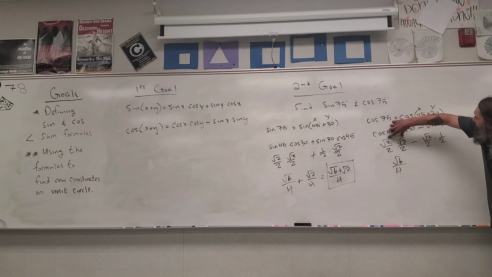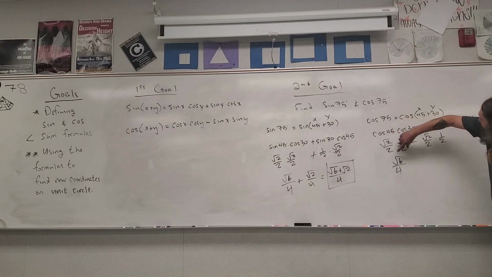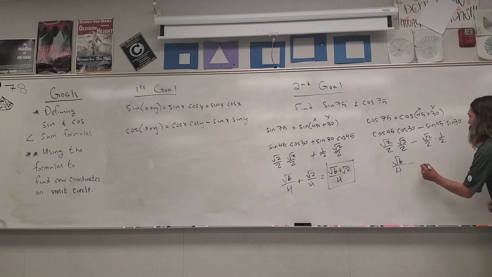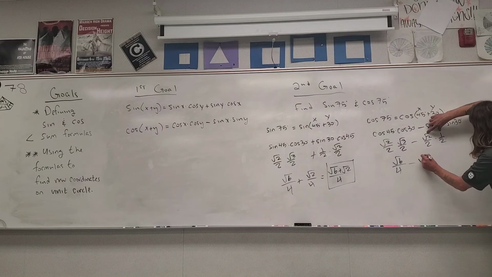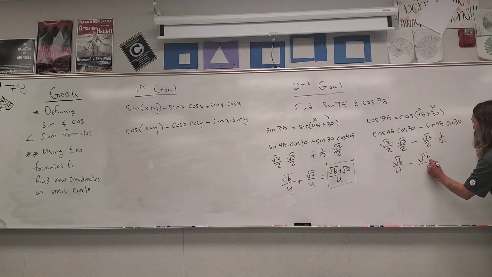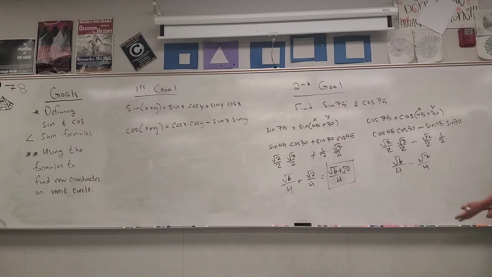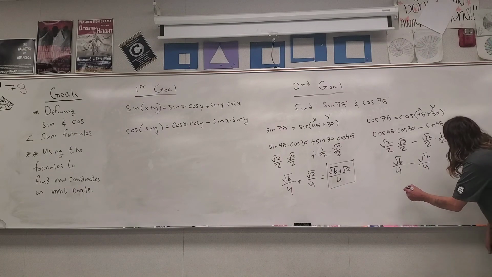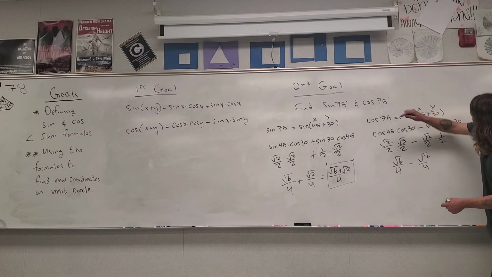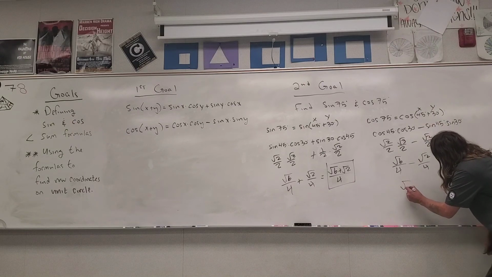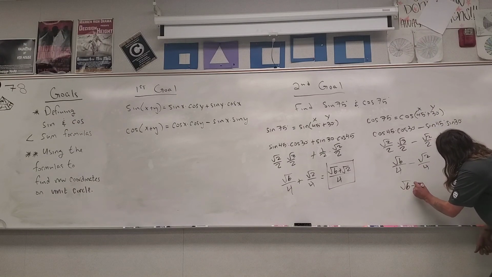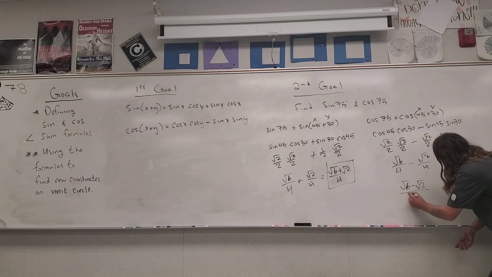Again, I multiply these together, and I multiply these together, minus square root of 2 times 1 is square root of 2, and 2 times 2 is 4. I have the same denominator, which we're always going to have in these problems, and I get the x coordinate at 75 degrees is square root of 6 minus square root of 2, all divided by 4.